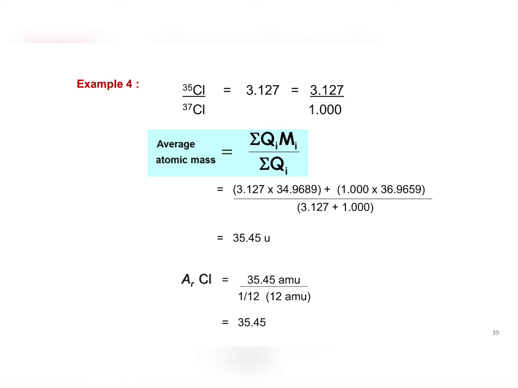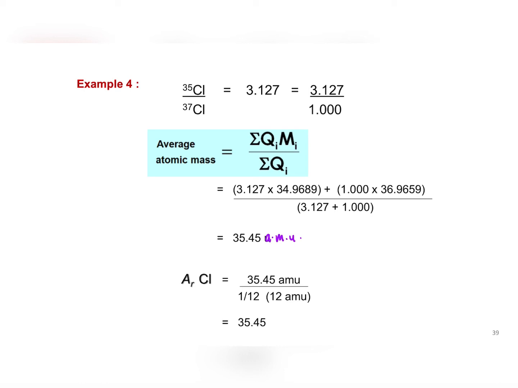And don't forget, this is the sum, the total. Don't leave it out, you have to add 3.127 plus 1 because it is a sum. This is not the final answer yet, and the answer here will be 35.45 atomic mass unit. If your calculator gives a long answer, just keep it first, and then round the final answer to 2 decimal places.